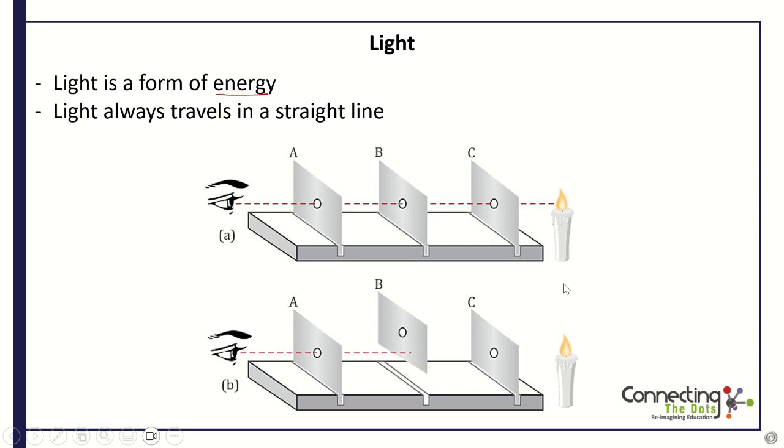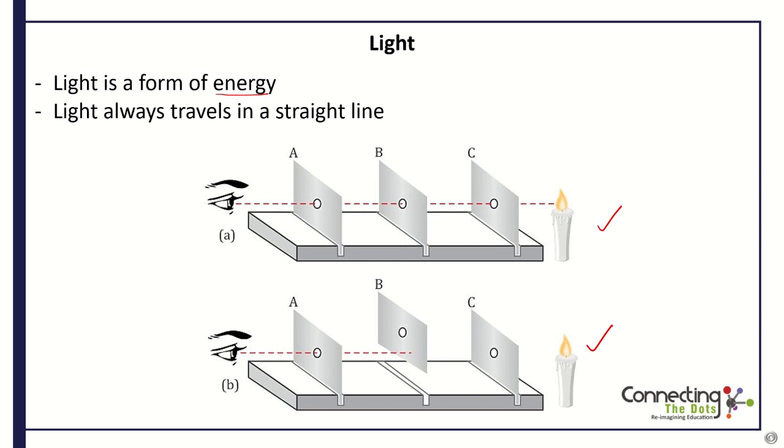We are able to see the candle, right? But what if we change the position of the cardboard a bit? You can see that in the second figure, the three holes are not aligned in a single straight line. And when we view the candle from the other side, we are not able to see the candle properly.